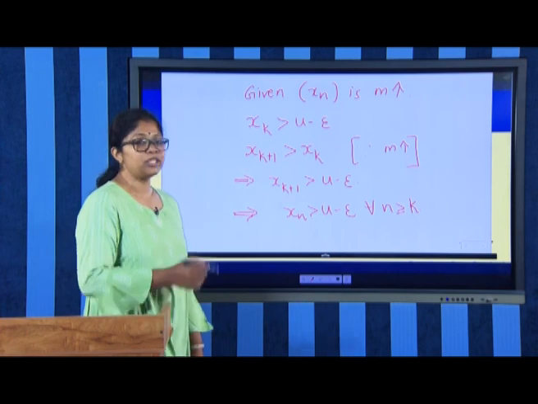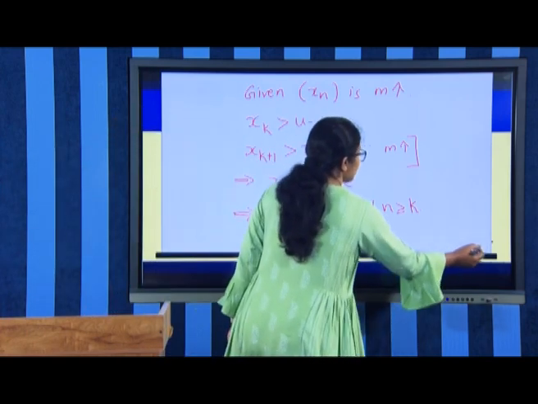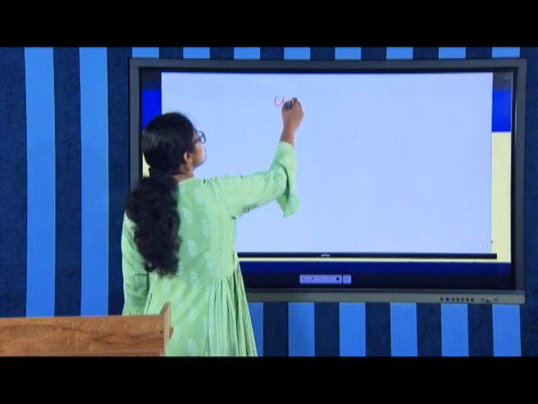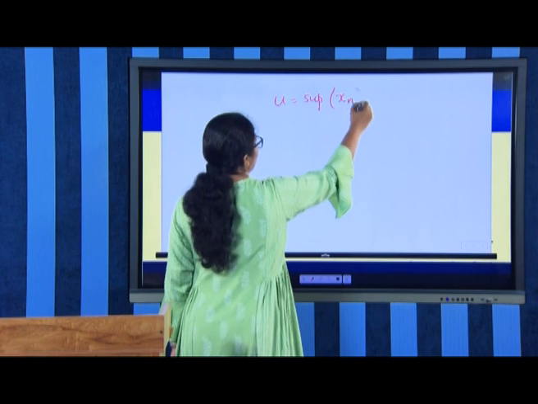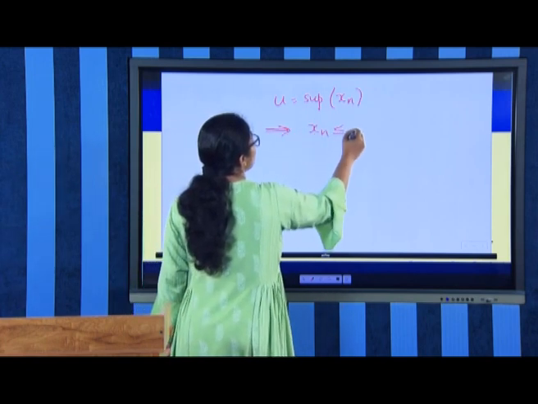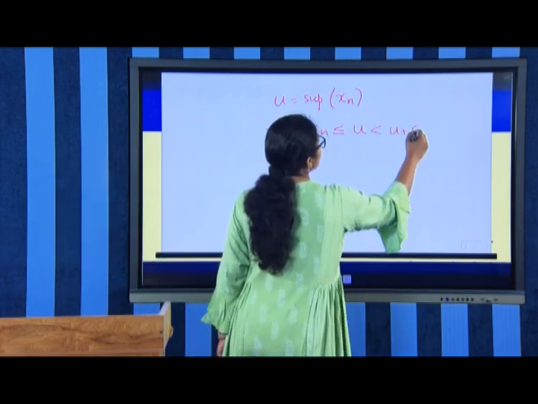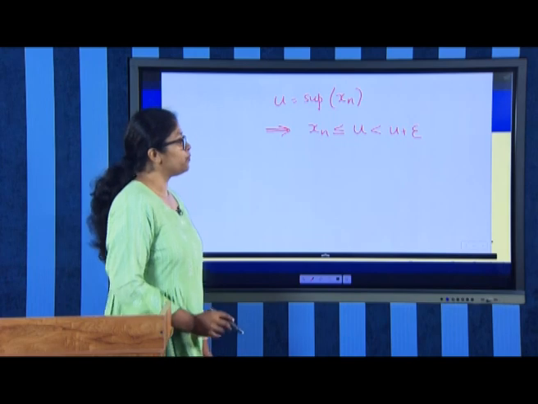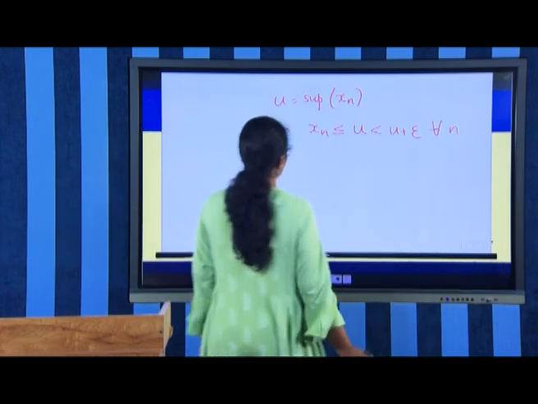We have established this result, and since U is the supremum of the sequence xn, we have xn less than or equal to U, which is less than U plus epsilon as well. This holds for every n.